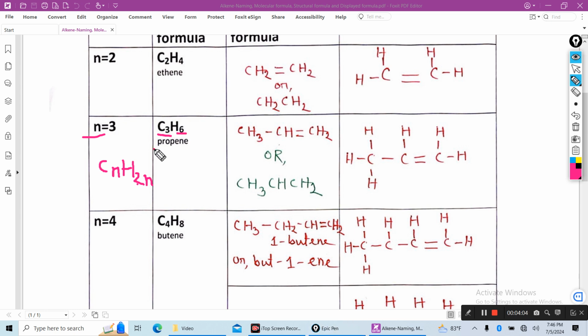C3H6 is the molecular formula of propene. 3 carbon containing alkene is propene. So this is CH3, CH double bond CH2. This is the structural formula of propene. Or you can write CH3 CH CH2.